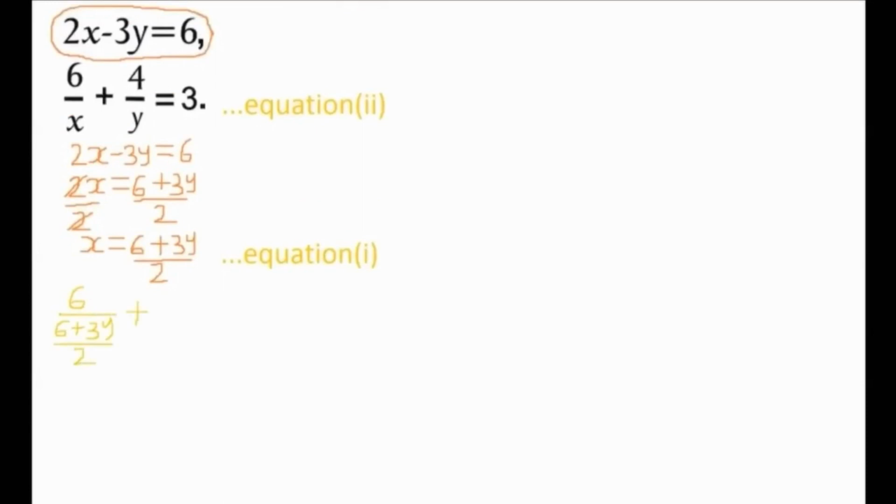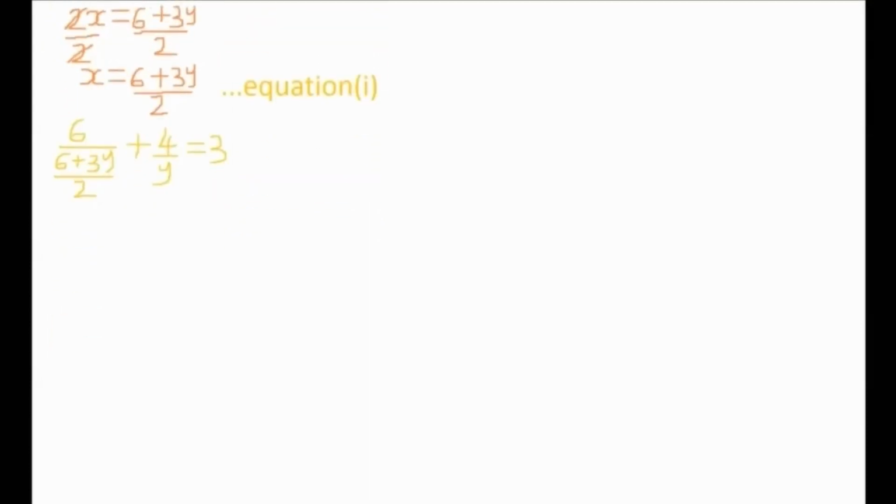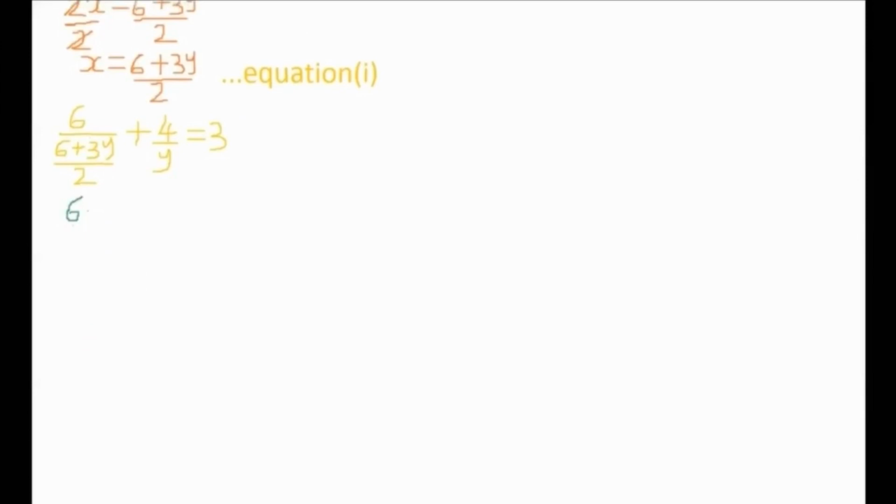So it will be, since that over is a divide by sign, we shall say 6 divided by 6 plus 3y over 2 plus 4 over y is equal to 3.